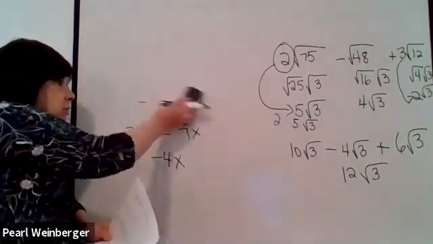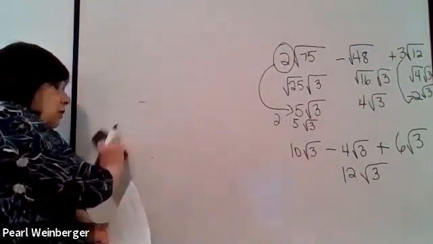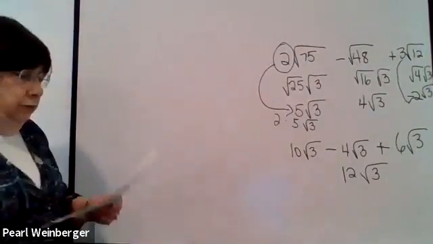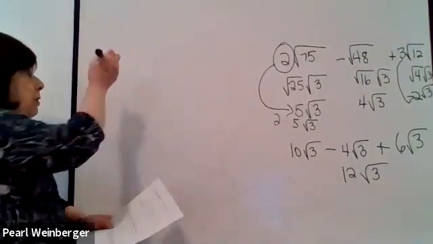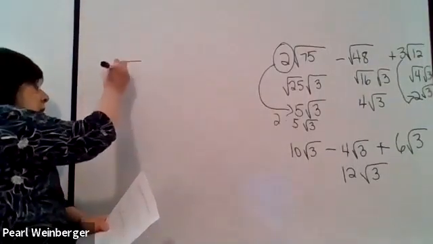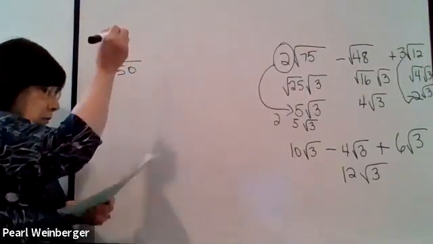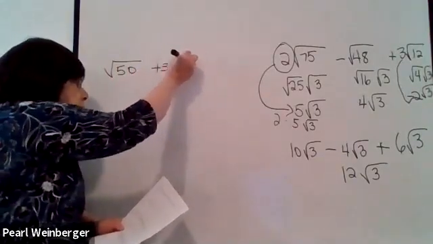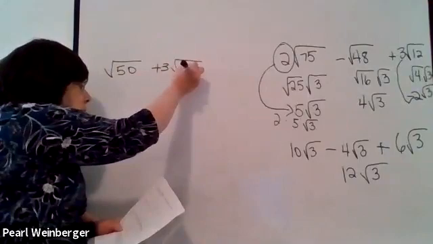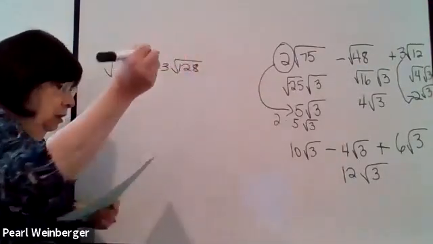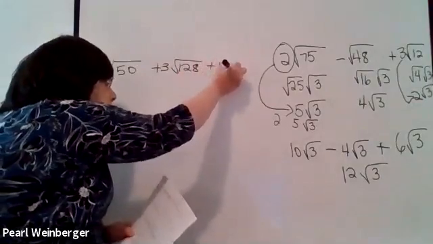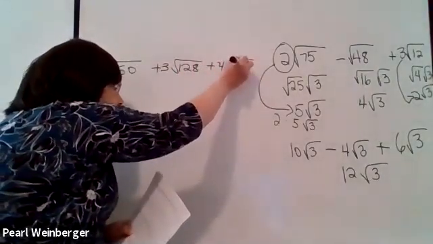Here's the question: radical 50 plus 3 radical 128 plus 4 radical 162.